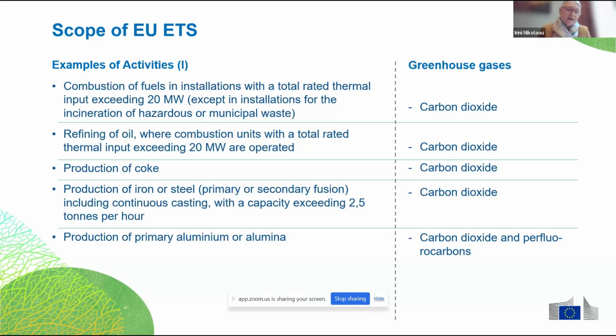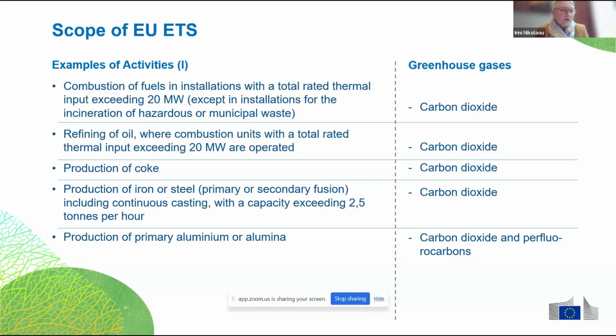And then they started to understand that if they are early movers, they might actually have a benefit. So we did not want to include installations that are not really big emitters. So for electricity, the heat generation is there for any purpose if the installation exceeds 20 megawatt in capacity.